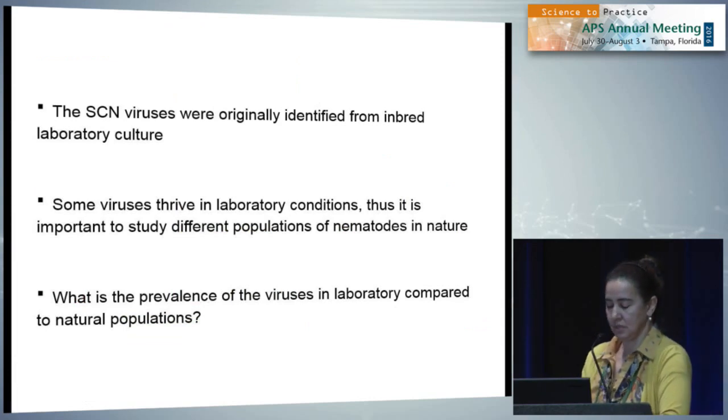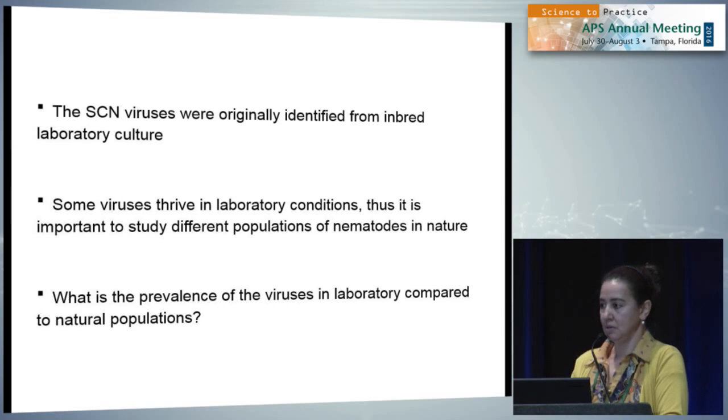So when we started this project, we had been seeing declines in nematode growth in our greenhouses. And the viruses were originated from the transcriptome analysis from greenhouse and lab culture, and we thought maybe this is just a phenomenon where nematode viruses happen to be occurring in the nematode environment.